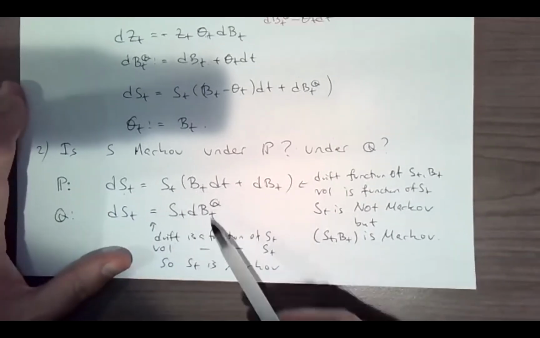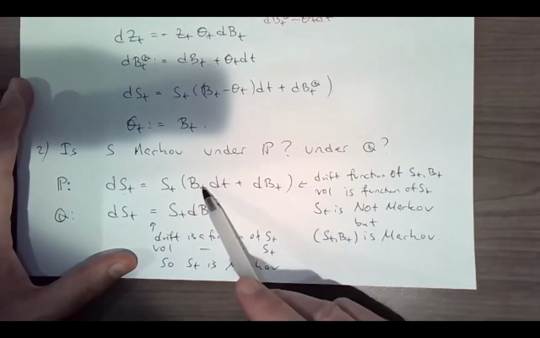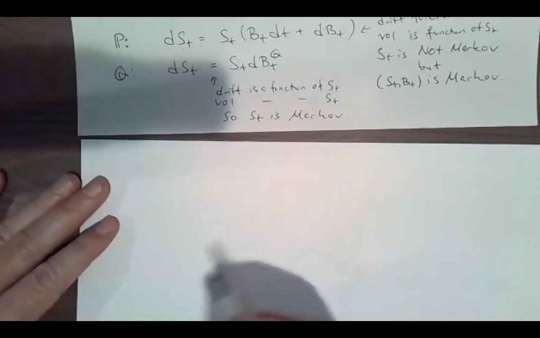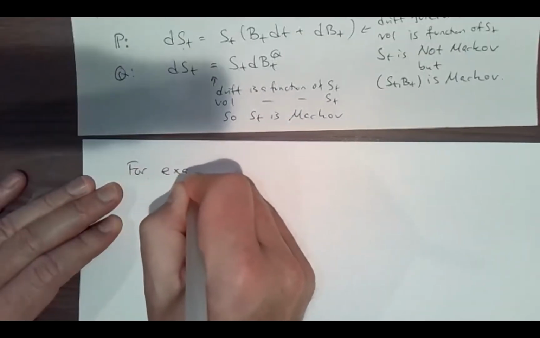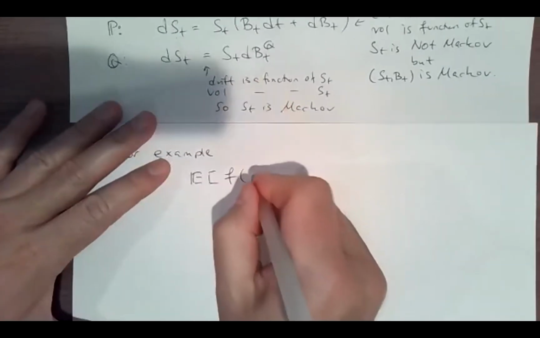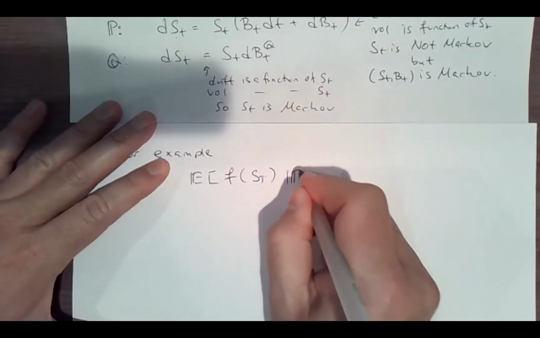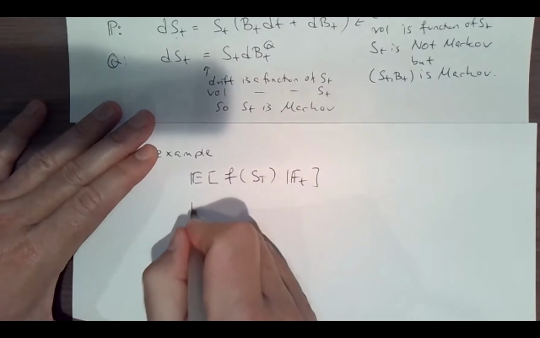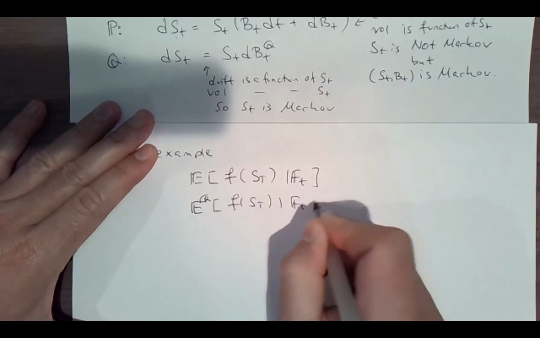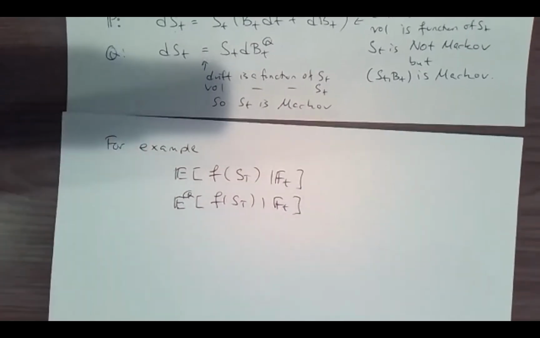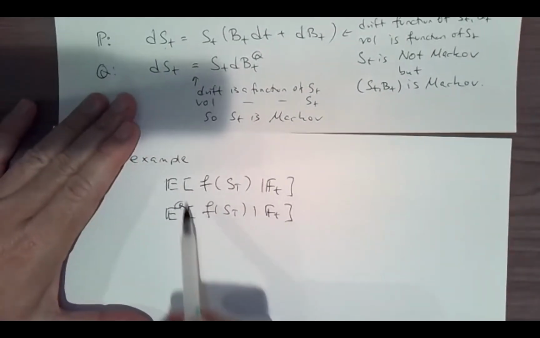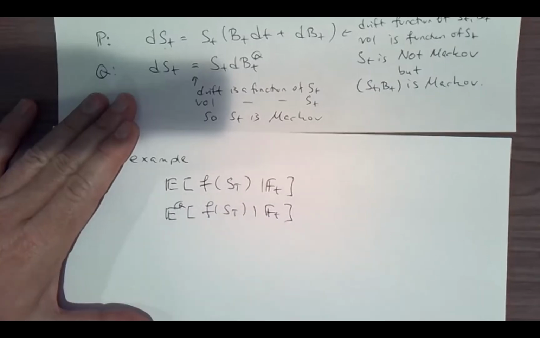So the way to figure out these Markov processes is to look at what the drift and the volatility is. And this becomes important because, for example, if I were to look at a function of ST as before and compute the conditional expectation on the P, and I look at it here on the Q, knowing when it's Markov and when it's not Markov becomes important when you're looking for conditional expectations of functions of this underlying process.